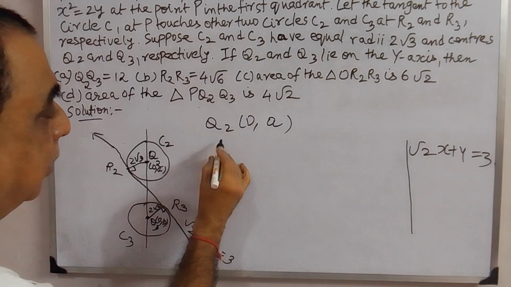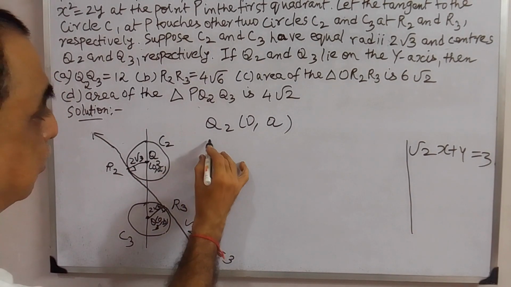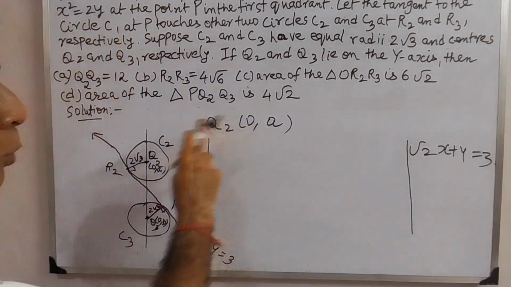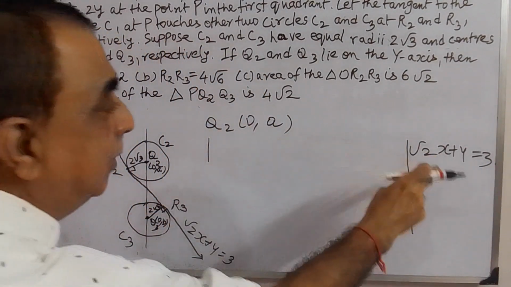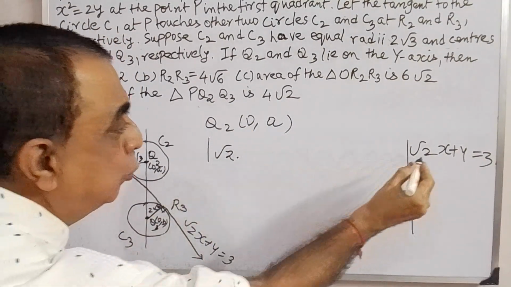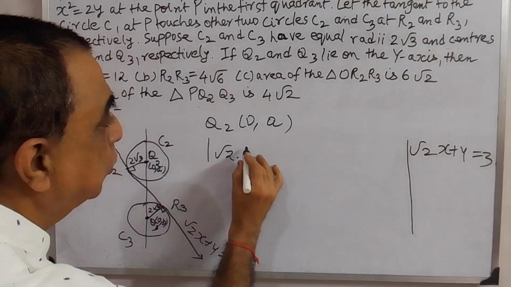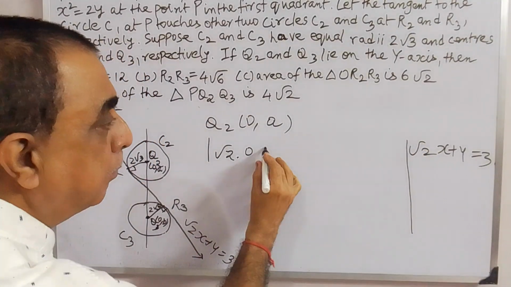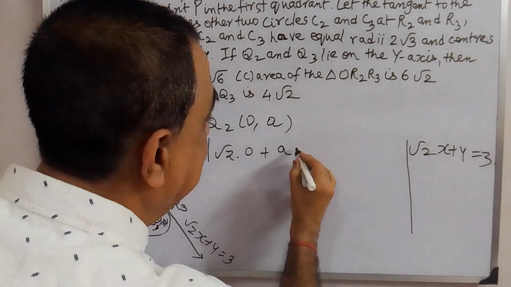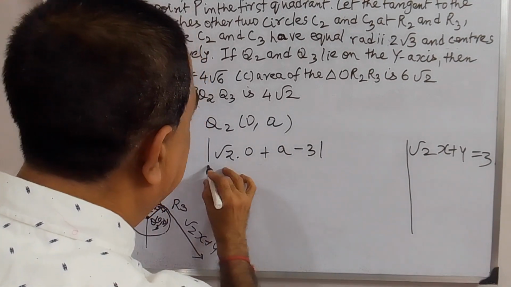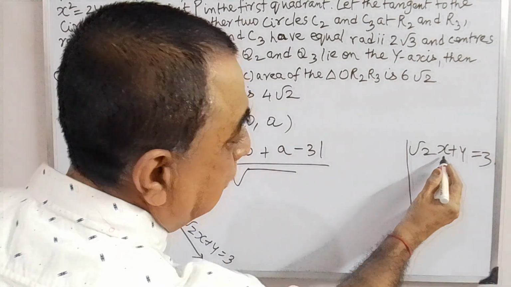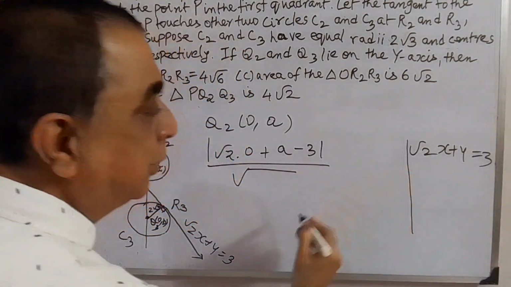The length of the perpendicular will be: in this equation, for the x-coordinate you will put 0 and for the y-coordinate you will put A. So this will be the modulus of root 2 into 0, the x-coordinate of Q2, plus the y-coordinate of Q2, minus 3, divided by the root of the x-coefficient squared plus the y-coefficient squared.